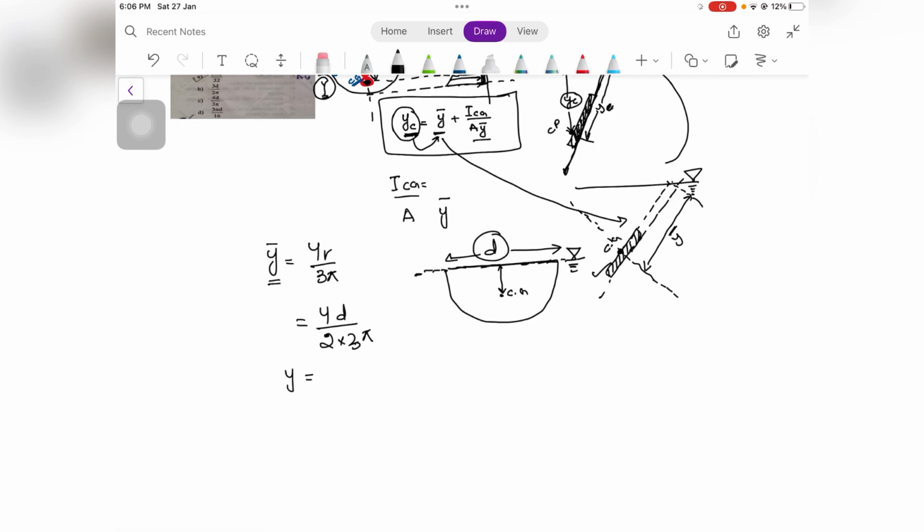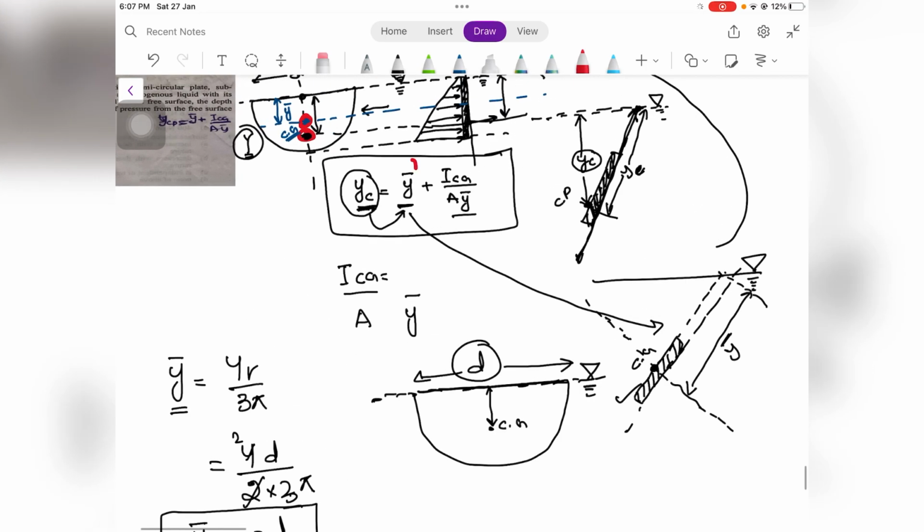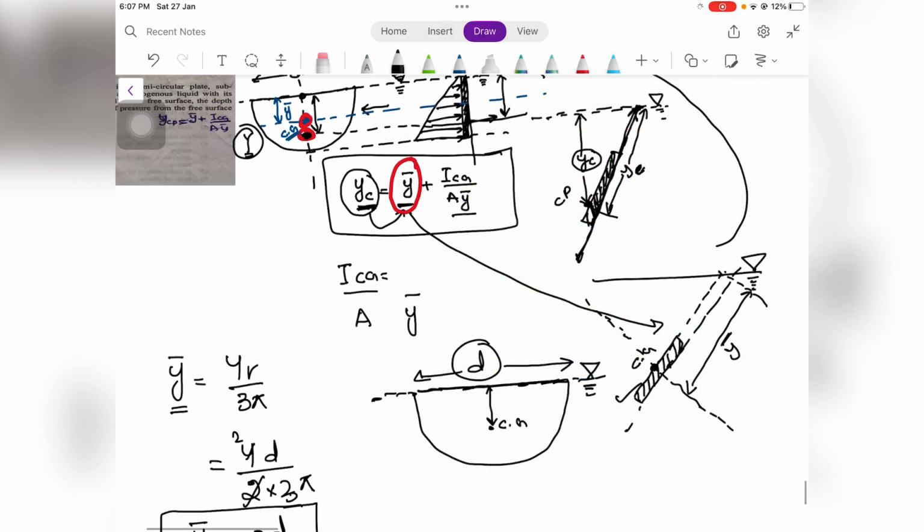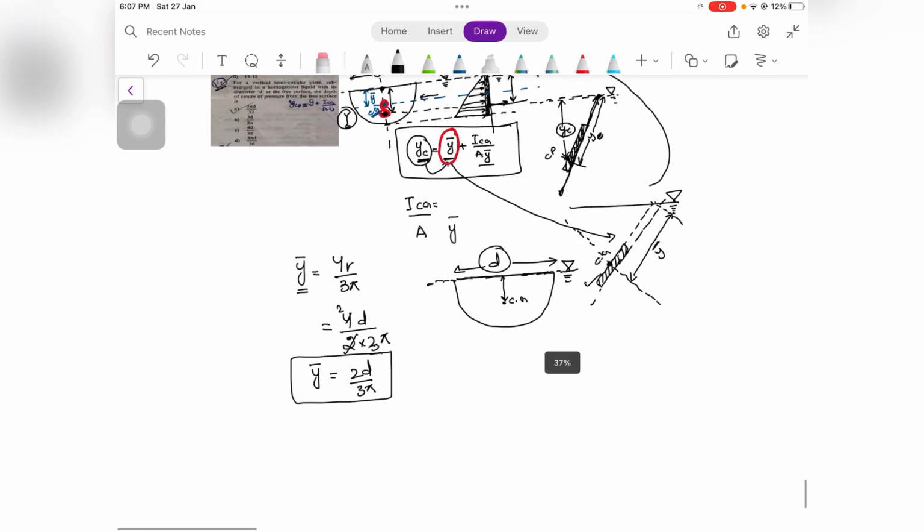So Y bar is 2d upon 3 pi. We have found out the first part of this equation. Now let us find out the ICG.